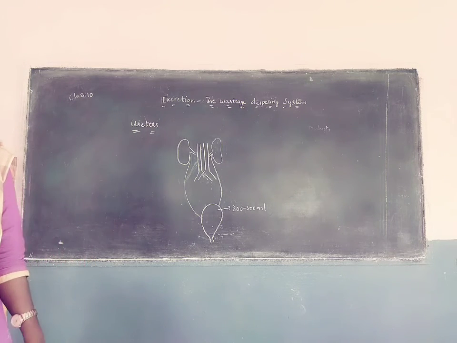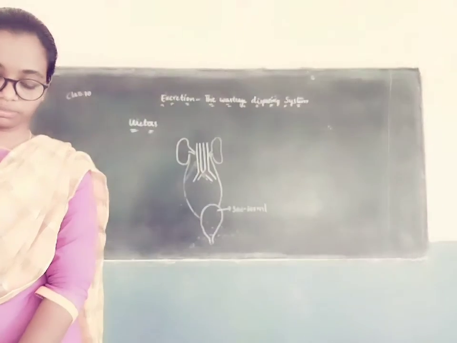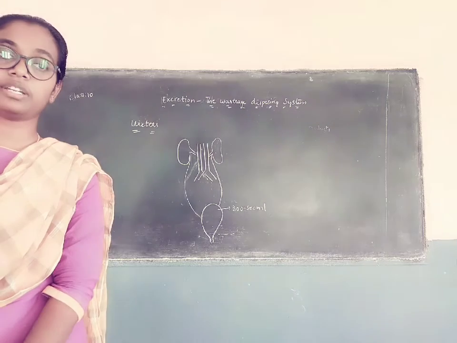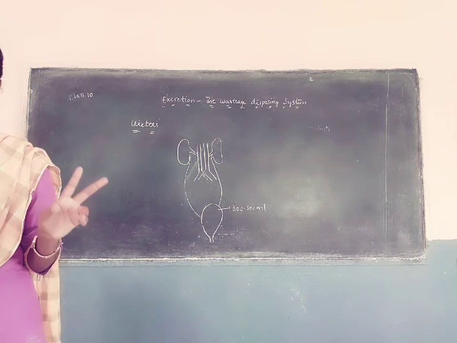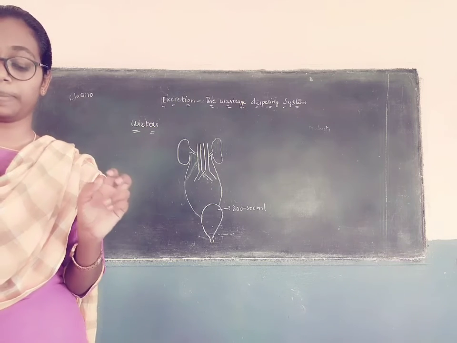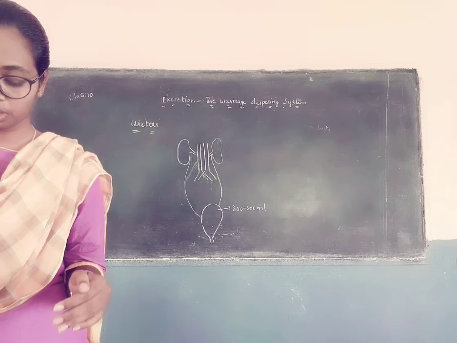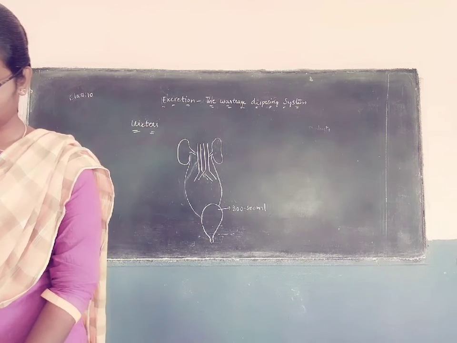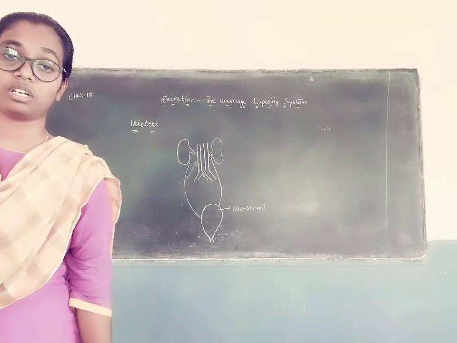So here he is saying that in micturition, the urine is temporarily stored in the bladder. There are 2 sets of circular sphincter muscles in the bladder. When the bladder is filling up, both these sets of muscles are constricted.